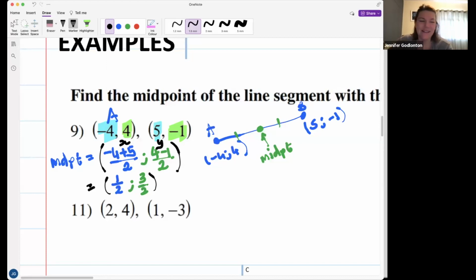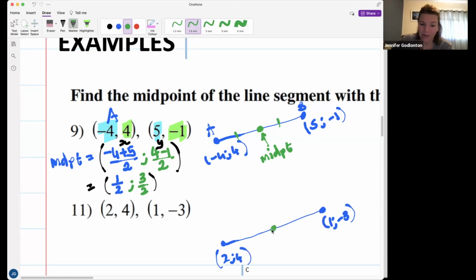Okay, let's have a look at this one below. Let me draw this in again. So imagine we've got these two different points. So we've got 2 and 4, and we've got 1 and -3. And we are looking for this midpoint over here. Right, I'm doing exactly the same thing. So our midpoint is going to be equal to, I'm going to put our big brackets in here.